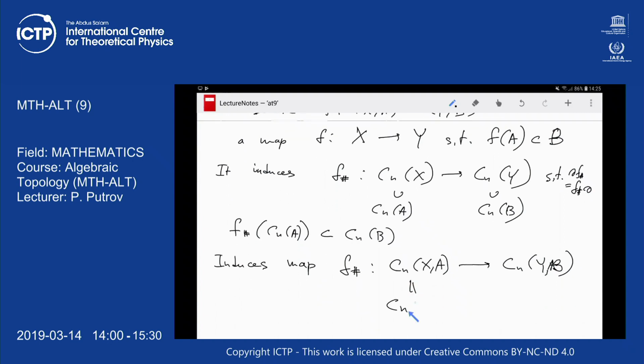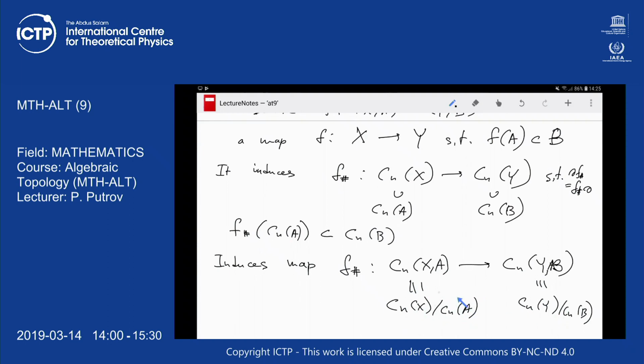By definition, this is the quotient of Cn of X divided by Cn of A, and this is the quotient of Cn of Y divided by Cn of B. If I have a map between Cn of X and Cn of Y which satisfies this condition, this gives a well-defined map on the quotients.